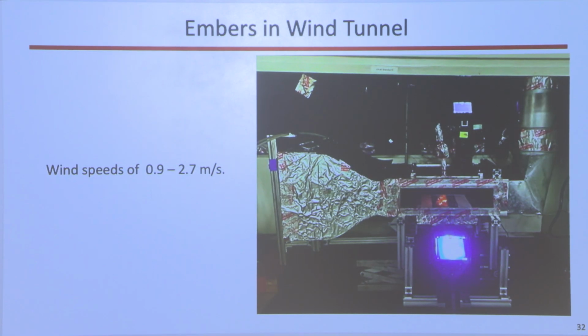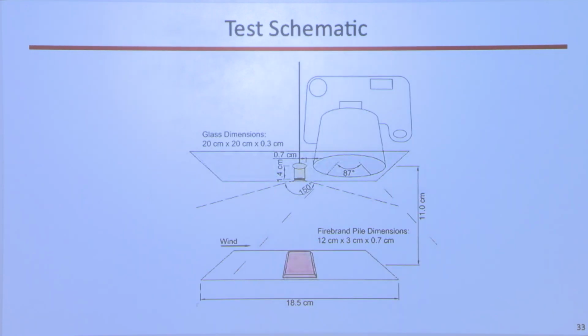In this wind tunnel, we're limited in speeds, but we can have wind speeds from 1 to about 3 meters per second. And what we want to do is measure the heat flux from this ember pile with the color camera. So here is a test schematic. At the bottom is Kaowool. It's kind of like drywall you might have in your house.